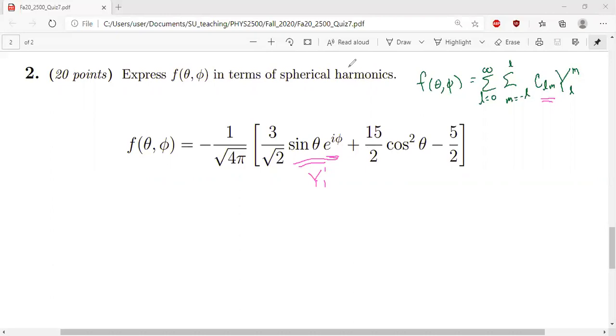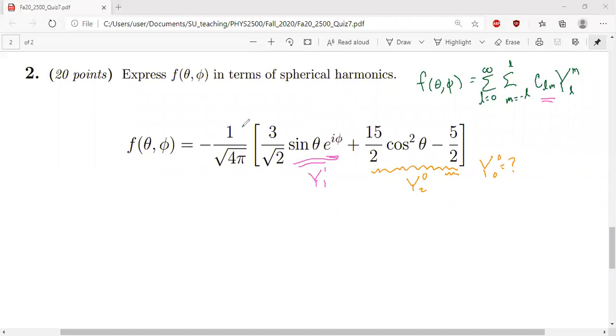And then over here, I have this leftover. We'll see about the constant term, but I definitely have no phi term, and I definitely have a power of 2 theta term. So I'm probably looking at Y02. And we'll see about that constant. That constant might be Y00, might not be. So we'll just realize that we do have a Y00 left over.